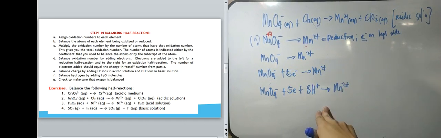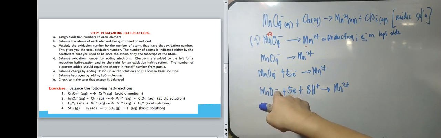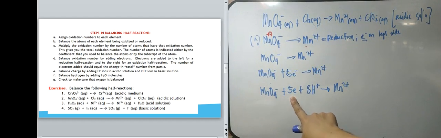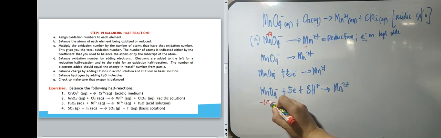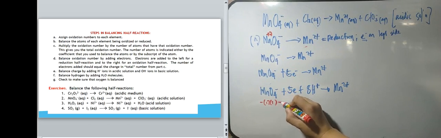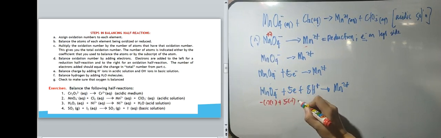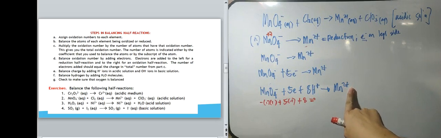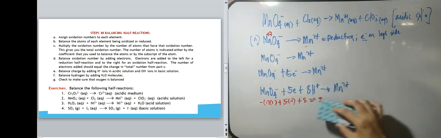So, let's check. 1 times negative 1 is equal to negative 1, plus 5 electrons, 5 times negative 1, plus 8, equals. Let's see if 2 comes out. 2. Okay? So, that means it is correct, the 8 hydrogen.